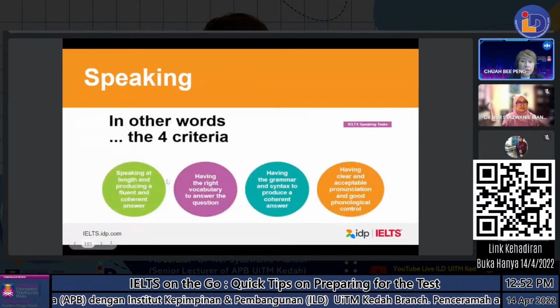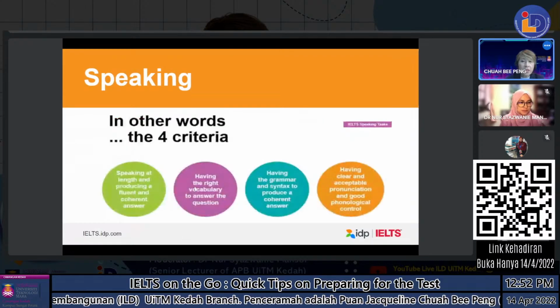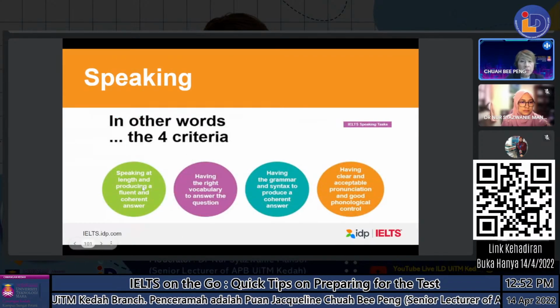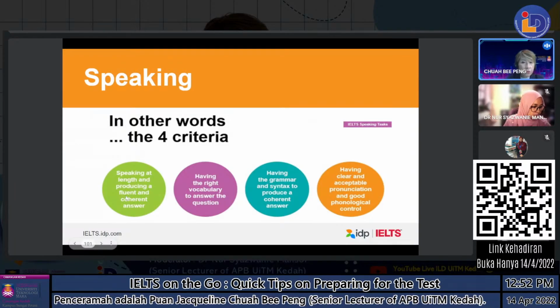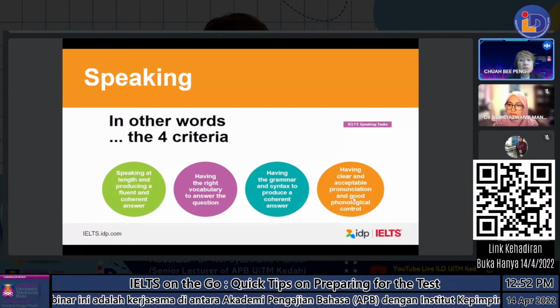Grammatical range, pronunciation, like I said. Speak at length and produce a fluent and coherent answer, having the right vocabulary, and the grammar and syntax to produce a coherent answer, and having clear and acceptable pronunciation and good phonological control.